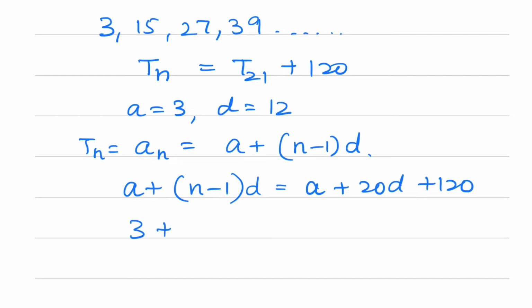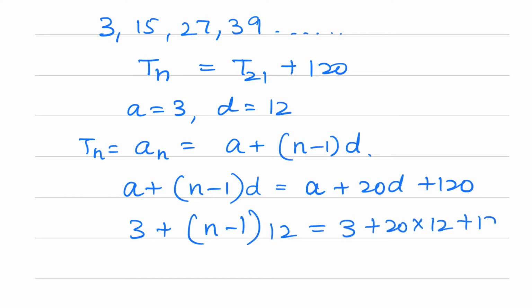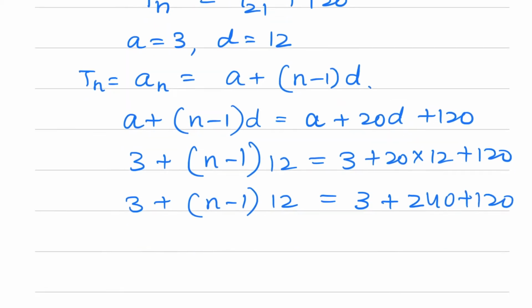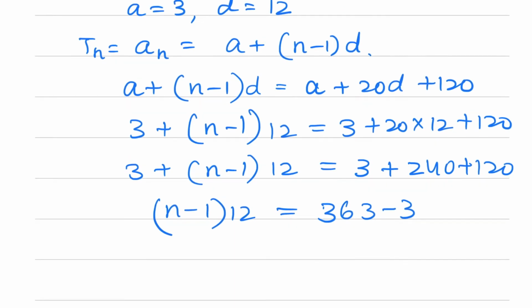So let's substitute. a plus n minus 1 into d is equal to a plus 20d plus 120. a is 3, plus n minus 1 into 12 is equal to 3 plus 20 into 12 plus 120. Now 3 plus n minus 1 into 12 is equal to 3 plus 240 plus 120. Now n minus 1 into 12 is equal to 363 minus 3, so 360.